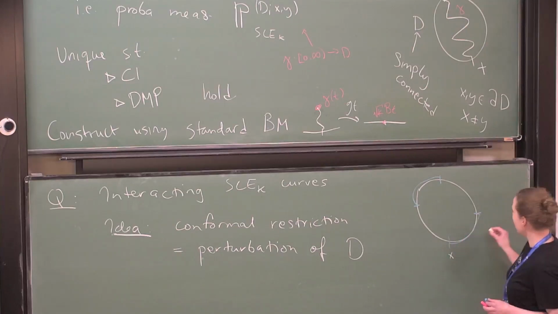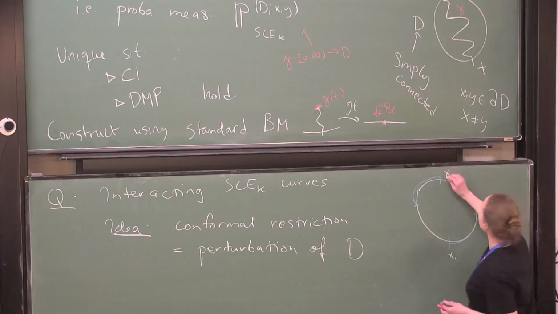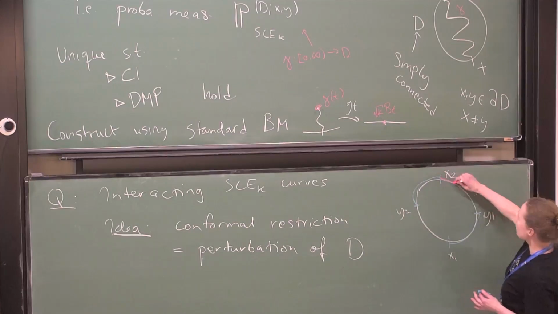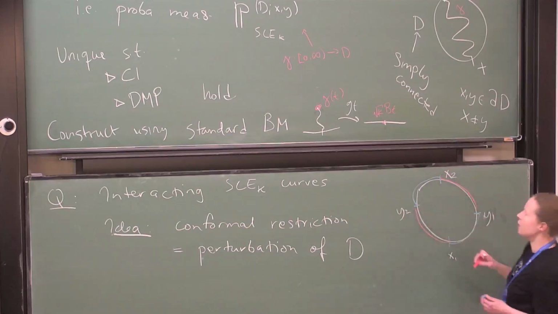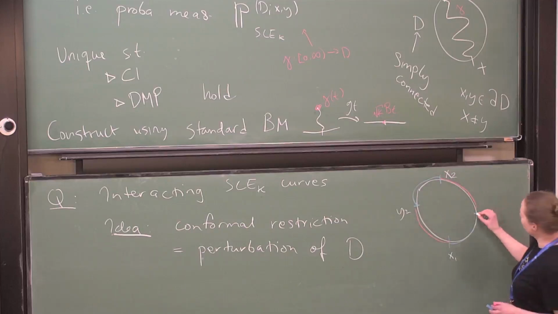Now I could have maybe x1, x2, or y1, x2, y2, something like that. And have two curves, right? Or I can have 100 curves if you want. But maybe let me just do two.